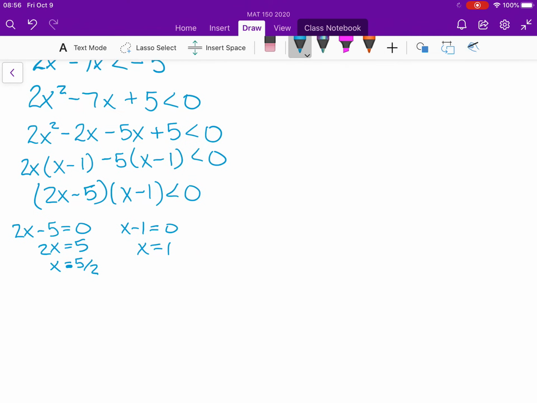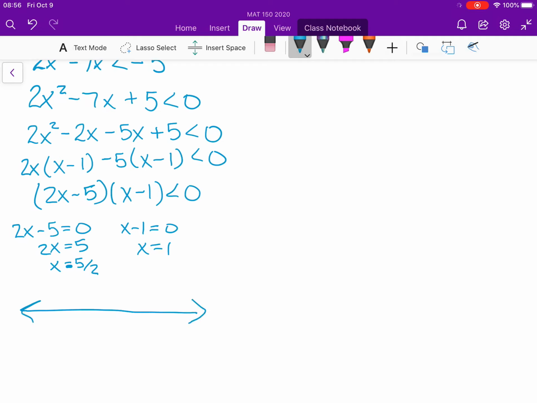So my 2 spots here are 5/2 and 1. I haven't tested to see if decimals work, or hold on. Using integers or fractions. So it does not want decimals. So 5/2 would be it. 5/2 is 2.5, so that's bigger than 1.